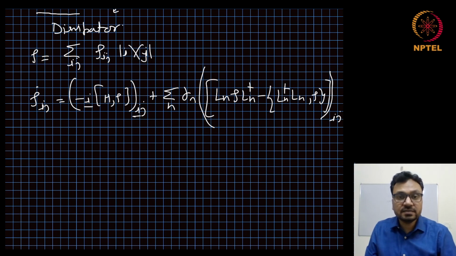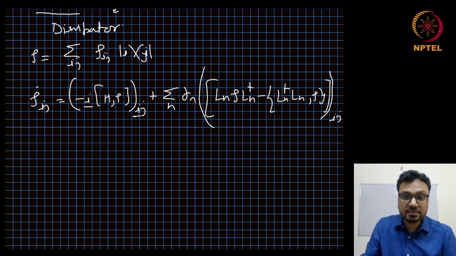If we have two matrices A and B, and if we say A equals B, then every ijth element of A should be equal to the ijth element of B. This is the property we are using in this equation. Now we have to calculate the ijth element of the commutator of H with ρ, the ijth element of Ln ρ Ln†, and the ijth element of the anti-commutator of Ln† Ln with ρ.